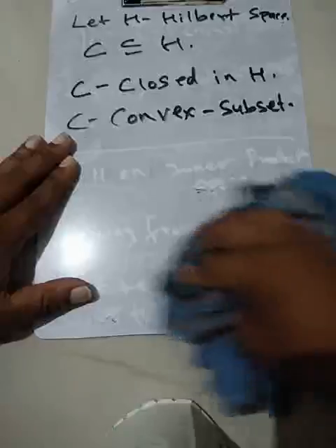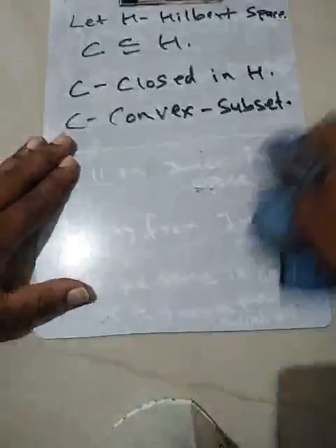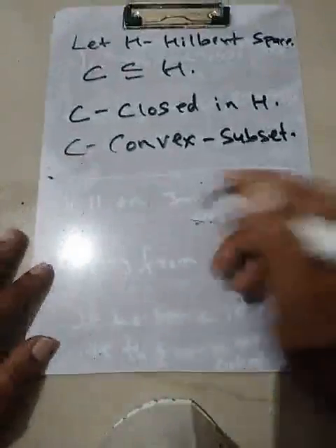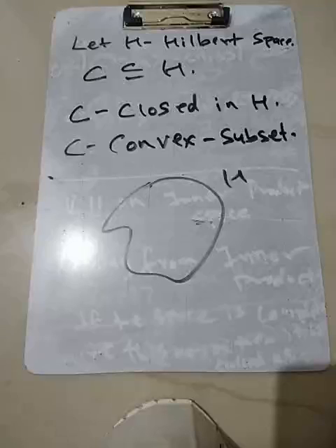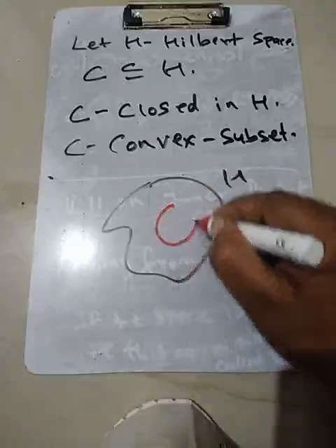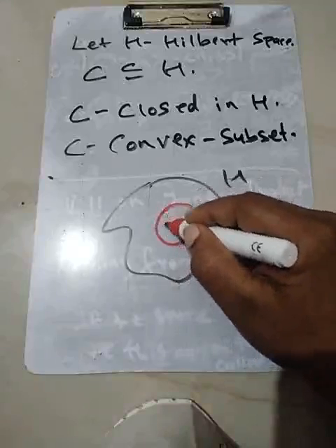Closed we know. What do we mean by a closed subset? Closed means that the complement of C is open. Suppose you have H here, and suppose C is given to be this subset.